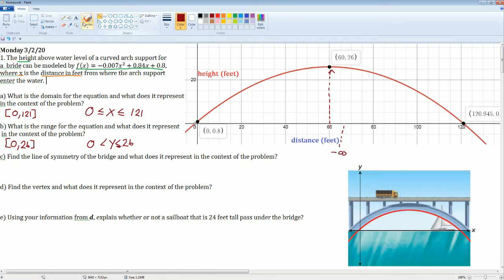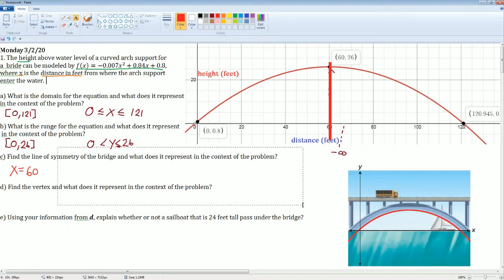The line of symmetry looks like it's going all the way down here. What is the equation for the line of symmetry? It would be x equals 60. And what does it represent in the context of the problem?